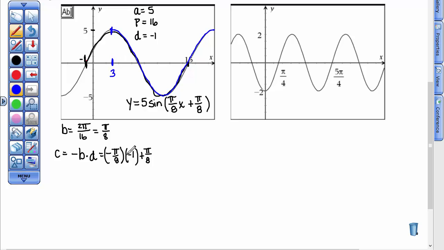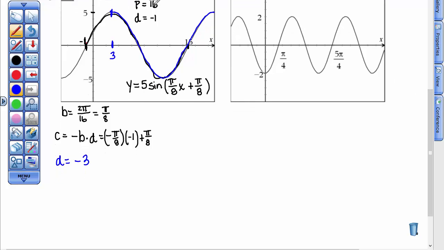So for the cosine curve, my displacement is -3. But my period hasn't changed. This is still 16. So when I go to write the equation, I'll write it up here: y equals the amplitude of 5 times the cosine of, I still have pi over 8 in front of x, just like I had pi over 8 here. But now I've got to find my new c value for this one, and it's found by taking the opposite of b times d.